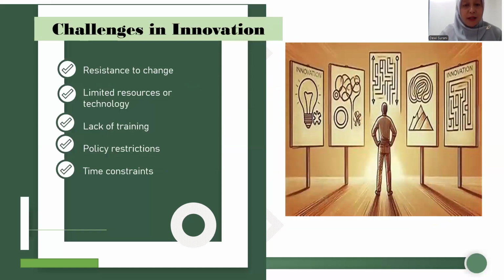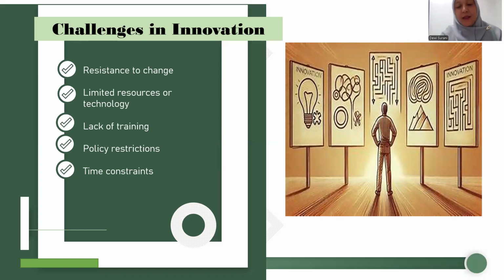And how about the challenges in innovation? Even when the innovation idea is good, implementing it is not always simple. Some challenges arise, such as: sometimes teachers resist change because they are used to the traditional methods and feel unsure about trying something new.